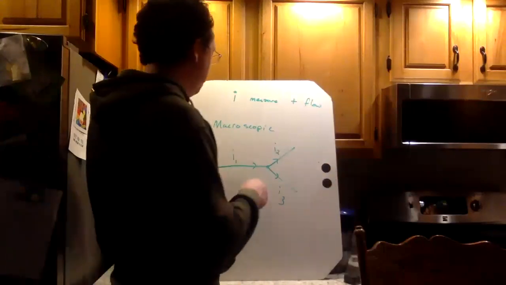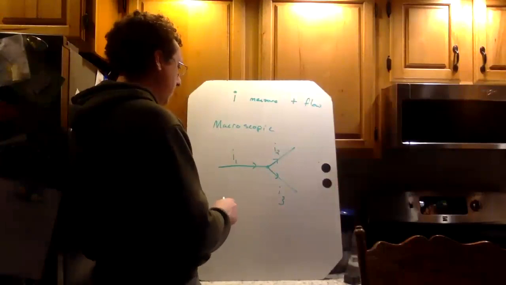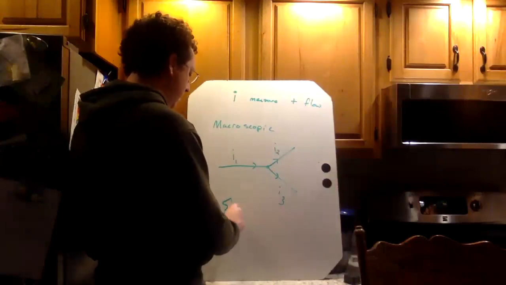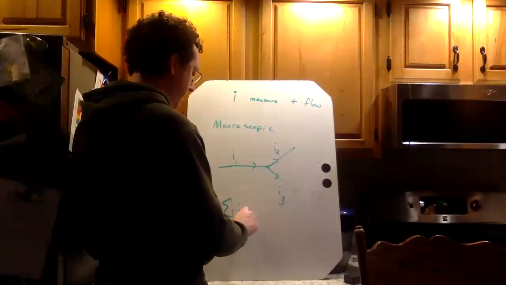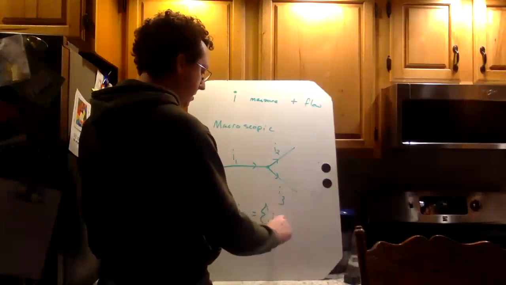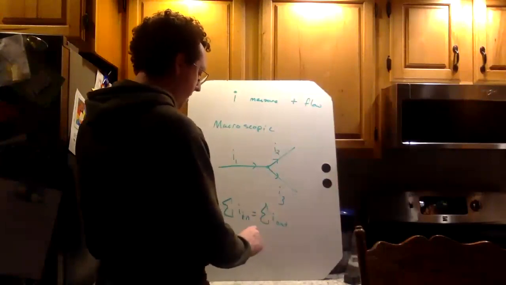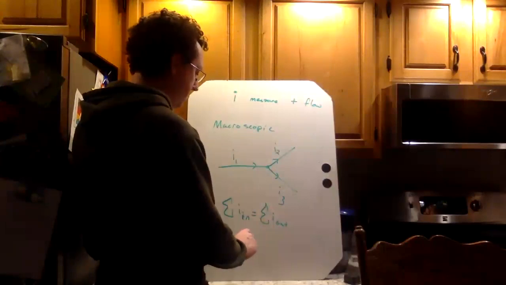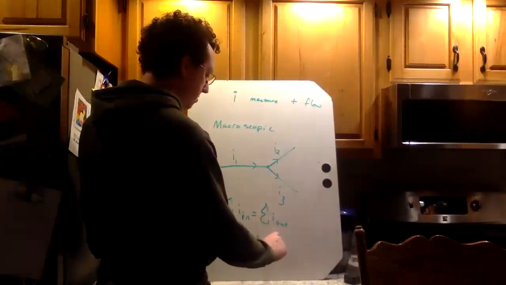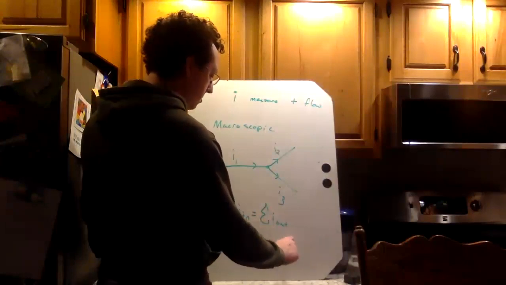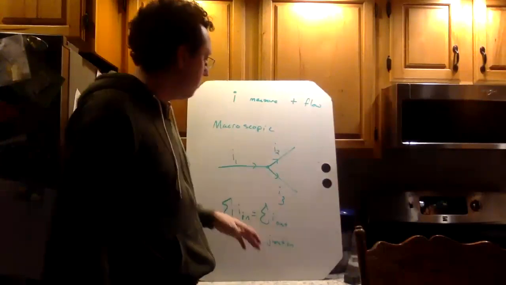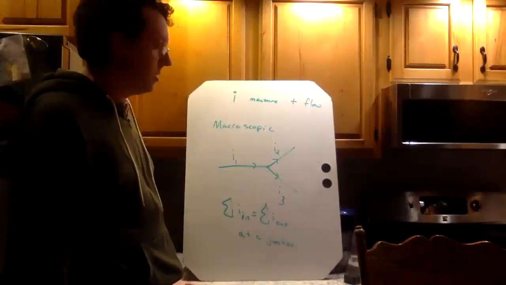And so we end up immediately with Kirchhoff's junction rule, which says the sum of the currents in must equal the sum of the currents out at every junction. A junction is just a place where wires meet up. So current in is current out.